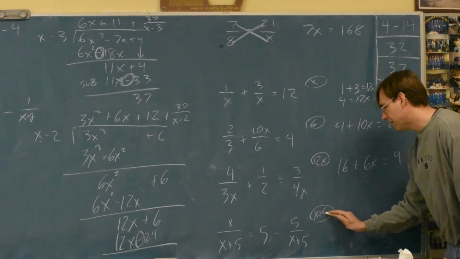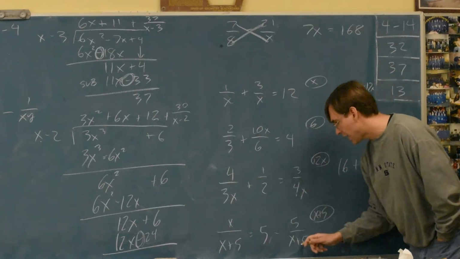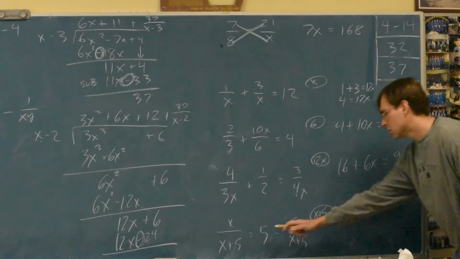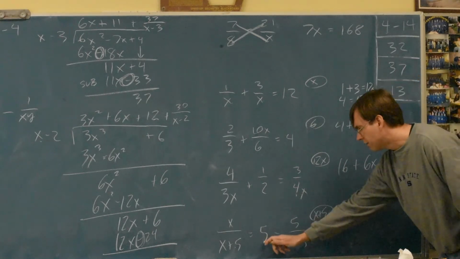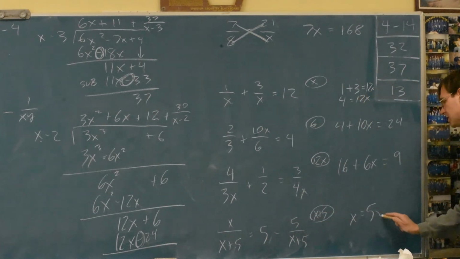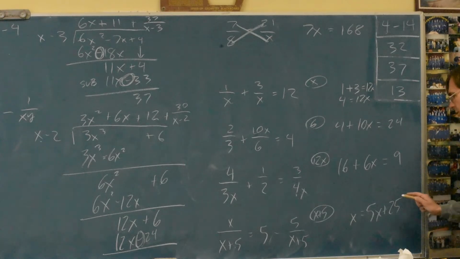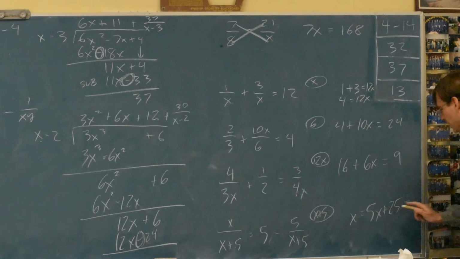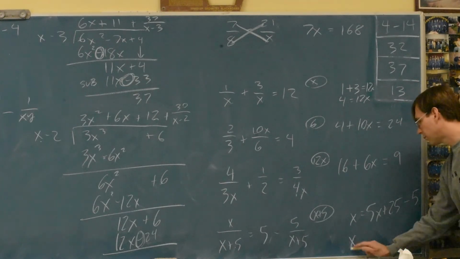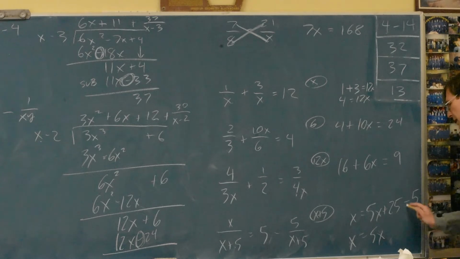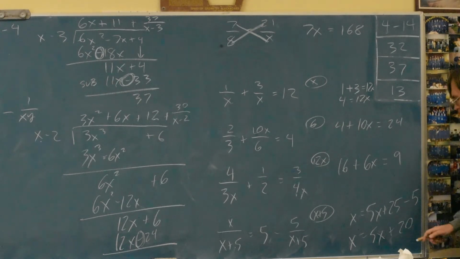This one, you'd have x plus 5 is the only thing you have on the bottom. So when these cancel, you leave an x. 5 distributes x plus 5. So 5x plus 25. Here from this cancel, we'd be left with a 5. Like terms to make it 20.